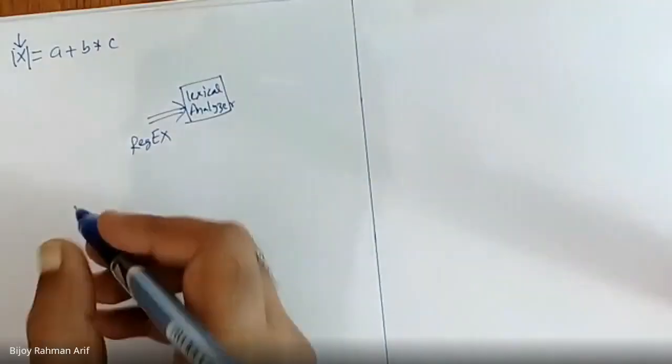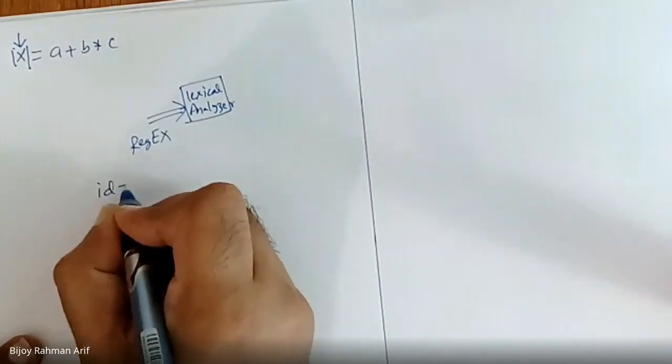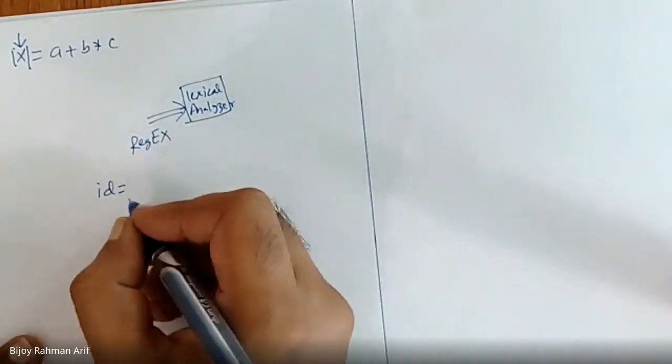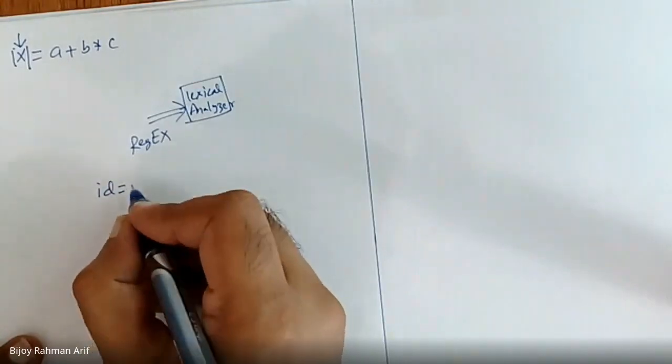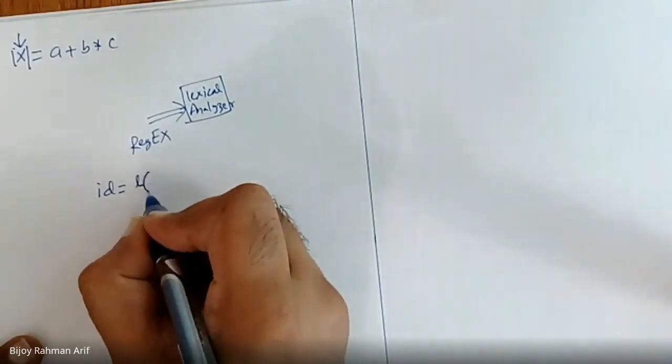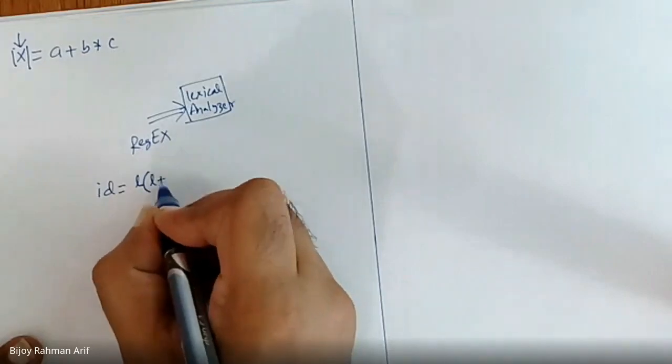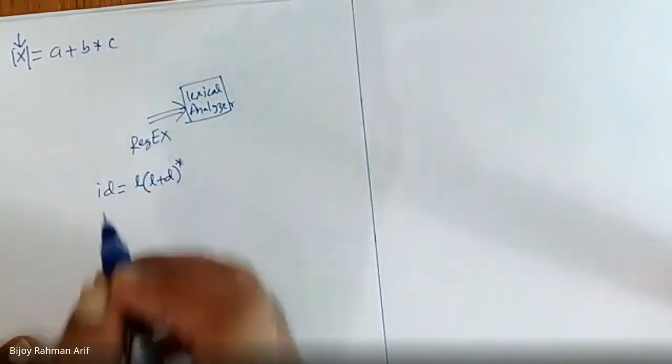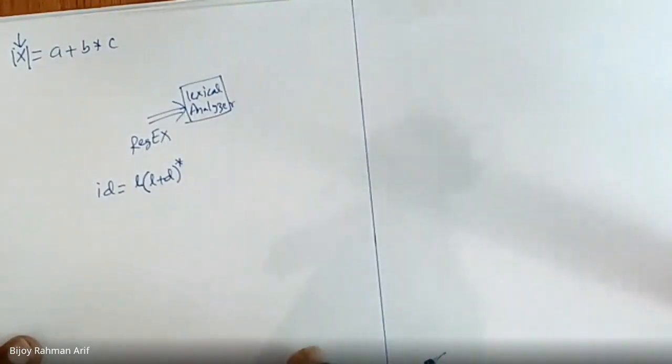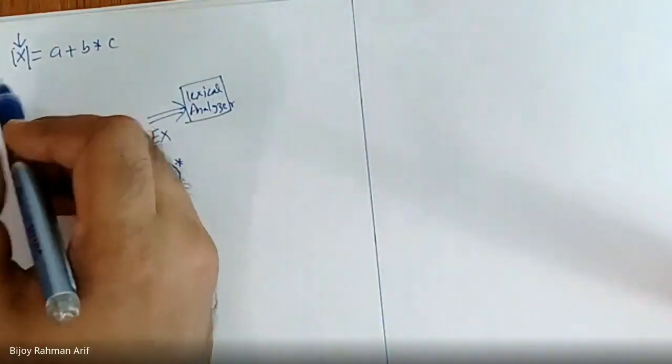For example, if I give ID equal to letter followed by any number of letters or digits. If I give this pattern, what happens? It starts reading character by character from the very beginning.